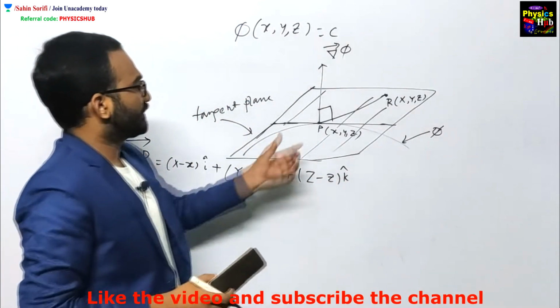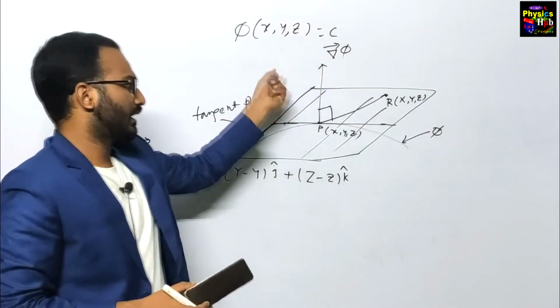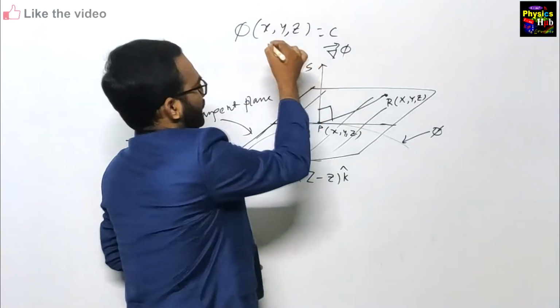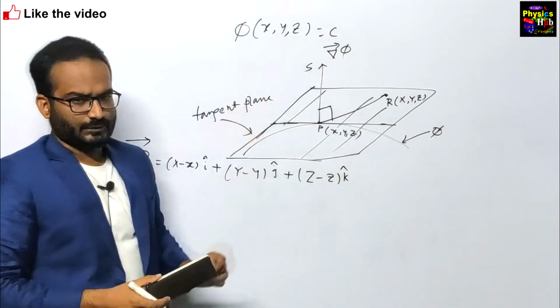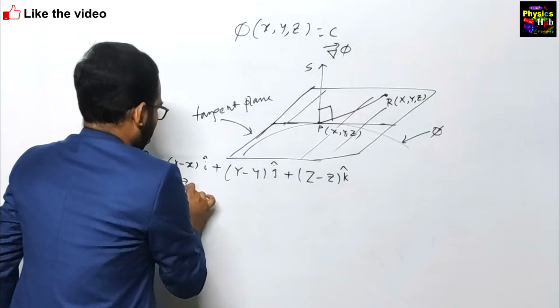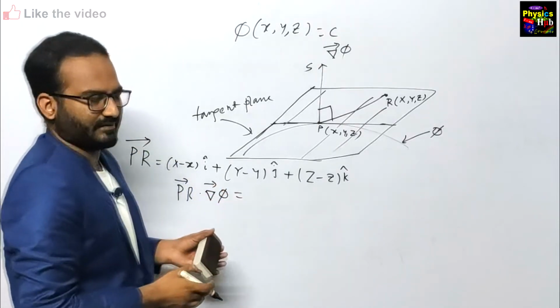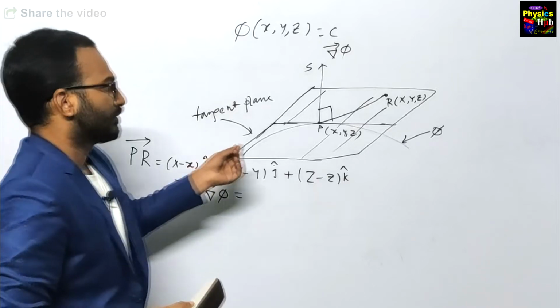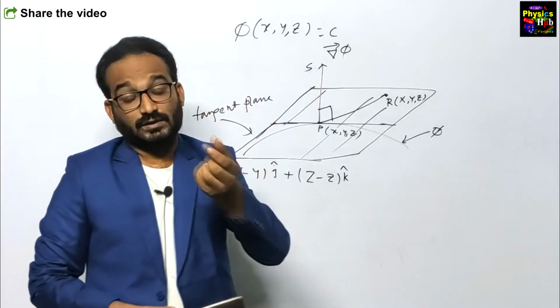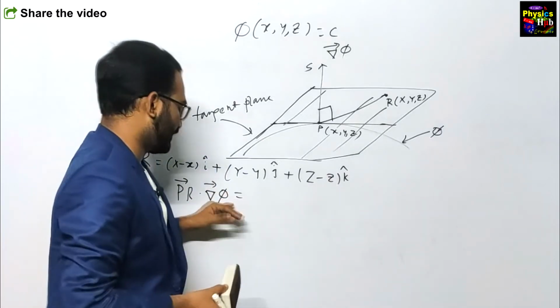Now if this PR is perpendicular to this line, let's say PS, then PR dot grad phi is 0. So if two vectors are perpendicular, their dot product is 0, cos 90. So this should be 0.